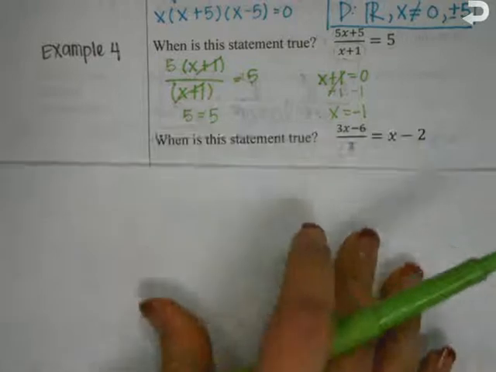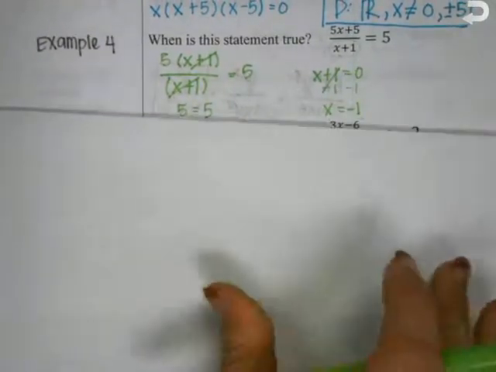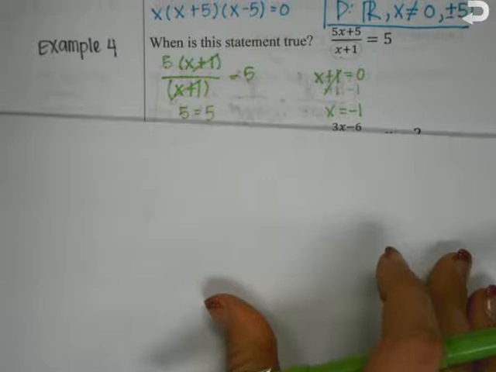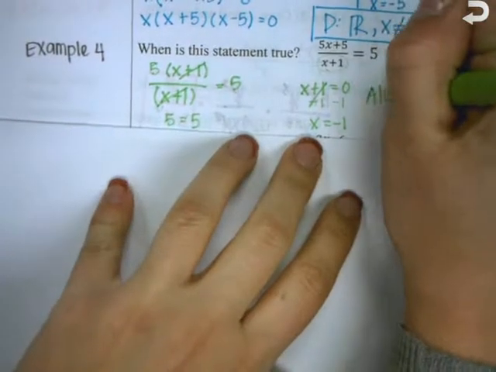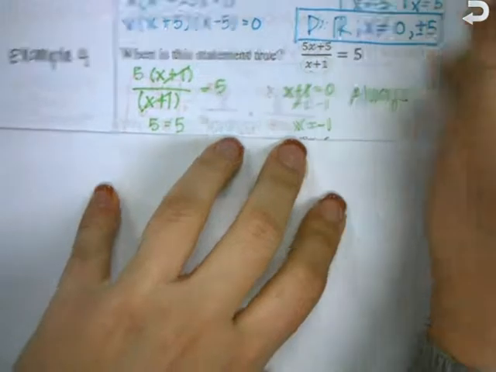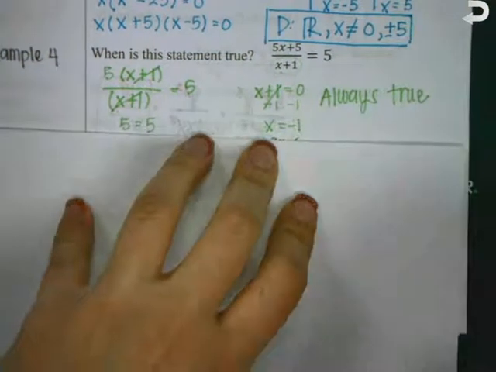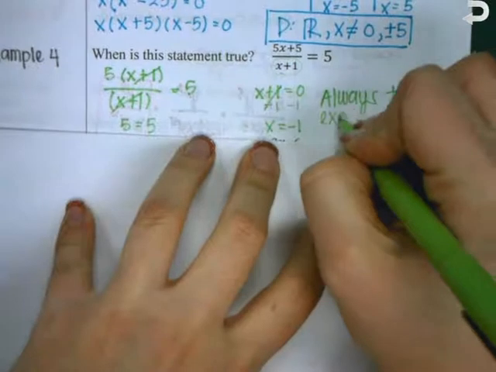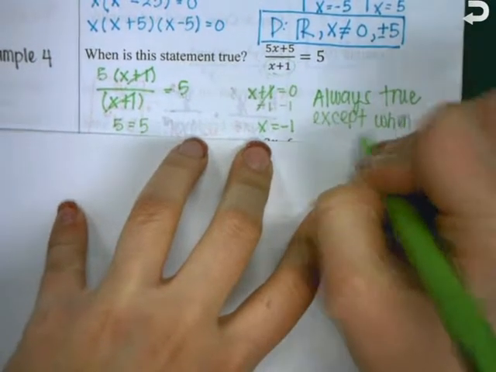So what's my domain here? When is this true? It is always true, except when x equals negative 1. Okay?